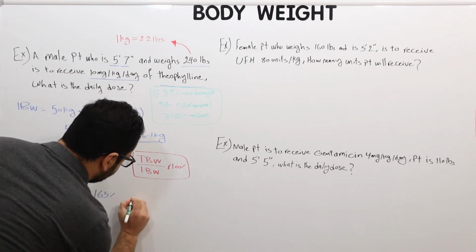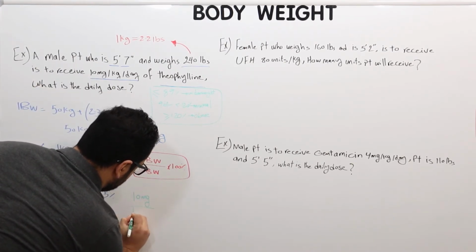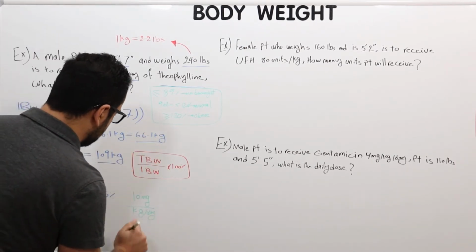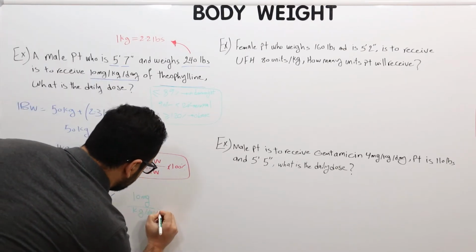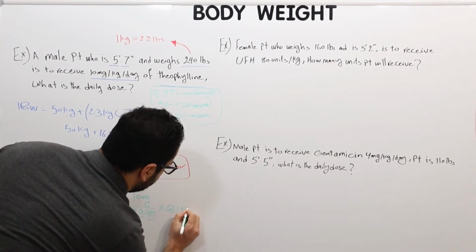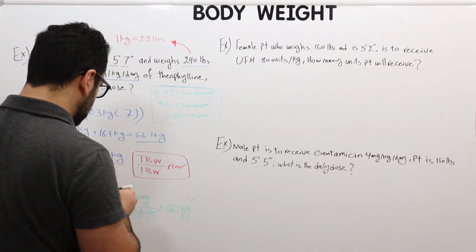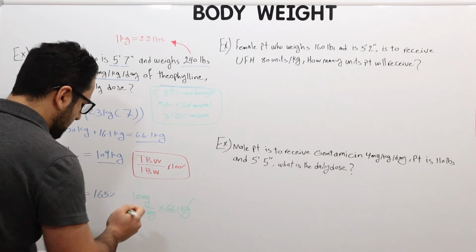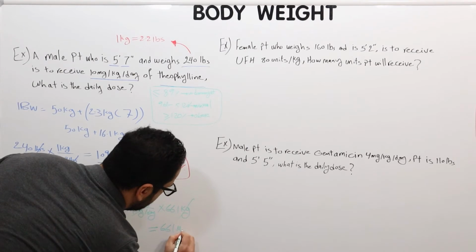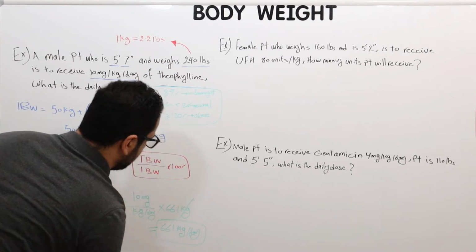We have 10 milligram per kilogram per day, and we're going to multiply this by the ideal body weight, which is 66.1 kilogram. So kilogram cancels with kilogram. Basically 10 times 66.1, we're going to have 661 milligram per day. And this is the answer for this question.